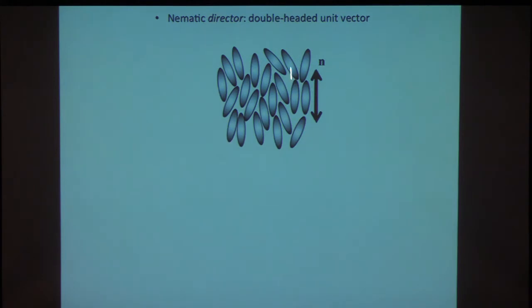This is nothing else than the polarization axis. If you were to write down the dielectric matrix, it is a uniaxial structure, and this represents the direction if you have a birefringent material. So this is a picture of the optical structure on a very small scale. If you go to larger length scales, this double-headed vector will vary across space, and you get these beautiful textures which I showed you a moment ago.